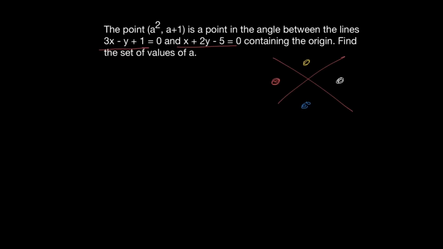So the first thing that you should do is to draw the graph of the problem. I will just draw the graph before you. First the line 3x − y + 1 = 0.